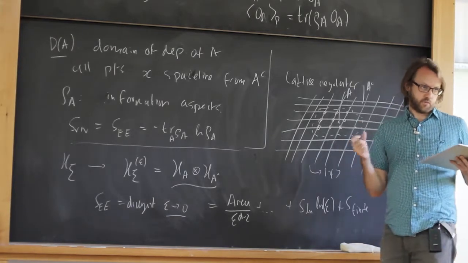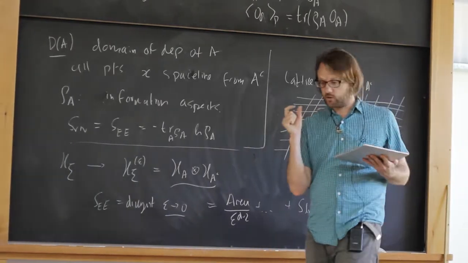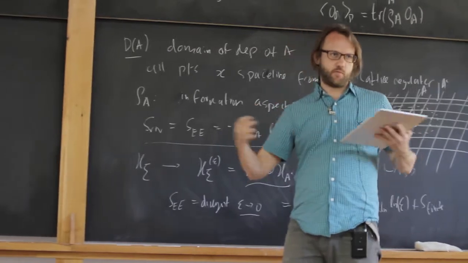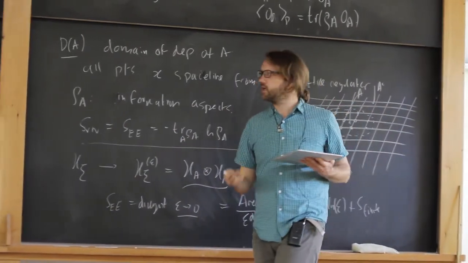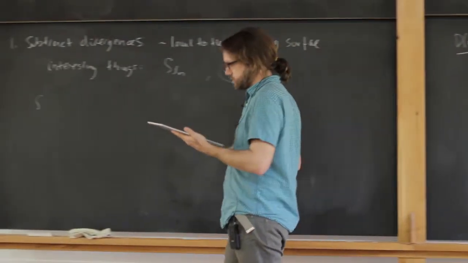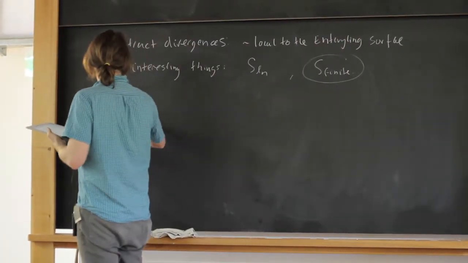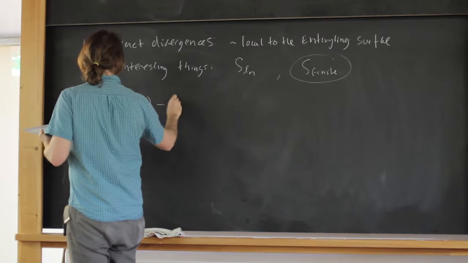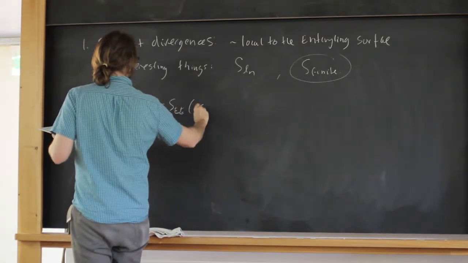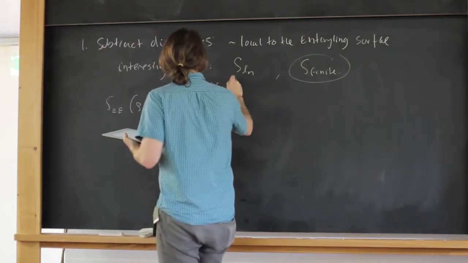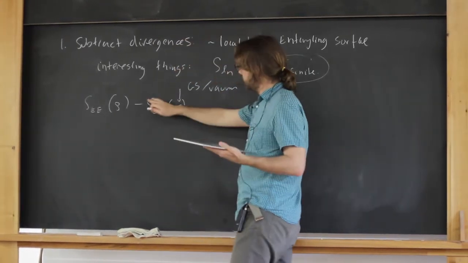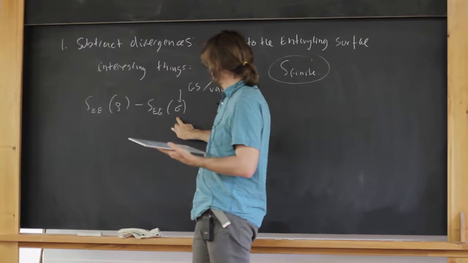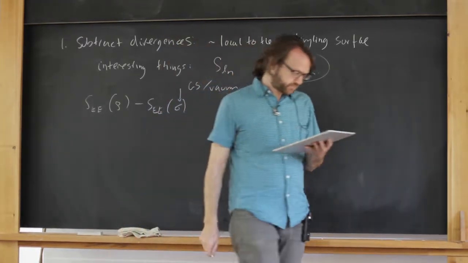There's some UV thing happening at short distance, and the state is some IR thing. So the divergences should be the same in any given state. And so one strategy for subtracting these is just to take two states and take a difference. A typical state you might take is the ground state or the vacuum. So I'll try to stick to the convention where sigma is my vacuum state.